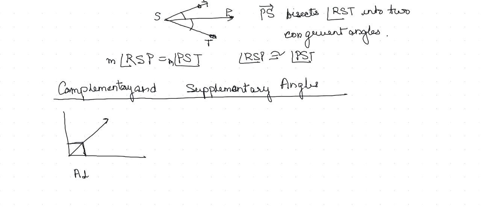Suppose this is A, B, C and D. So this is adjacent complementary angles.